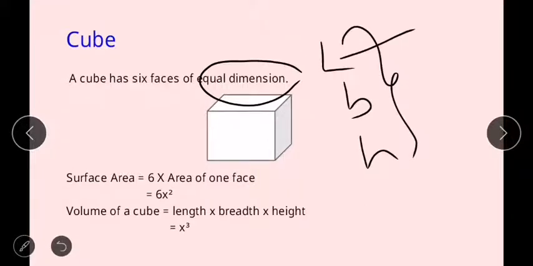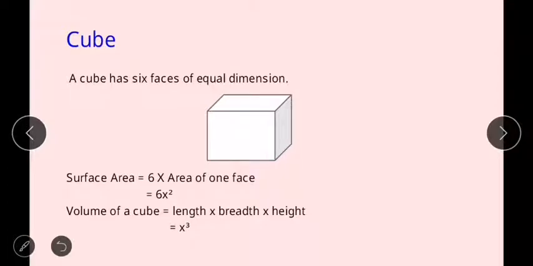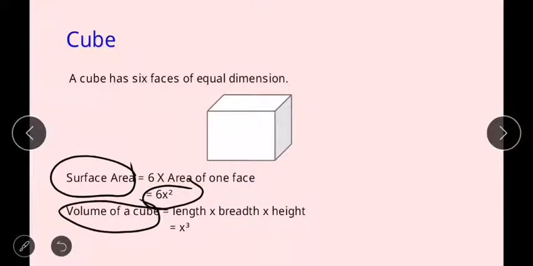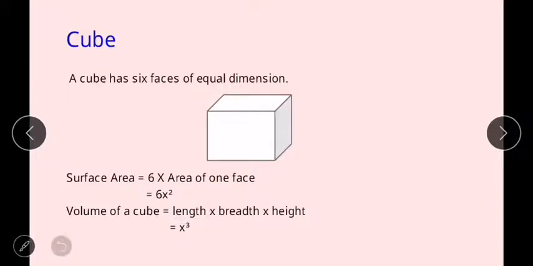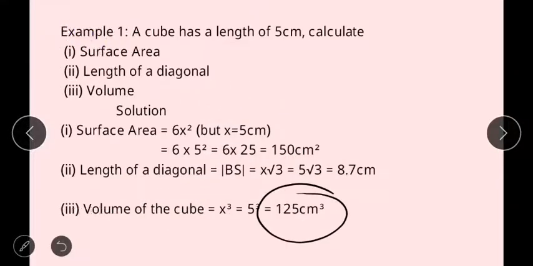The dimension of the length is the same as the dimension of the breadth, and as well the dimension of the height. So because of that, we have the formula of the surface area of a cube to be 6x squared, and the formula to calculate the volume of a cube to be what? X cube.